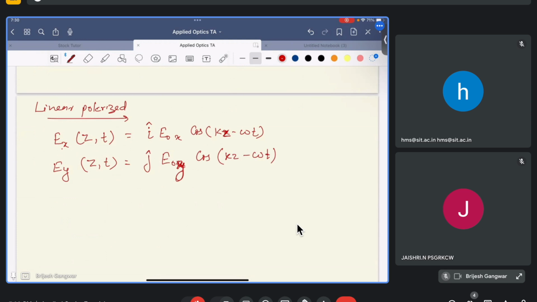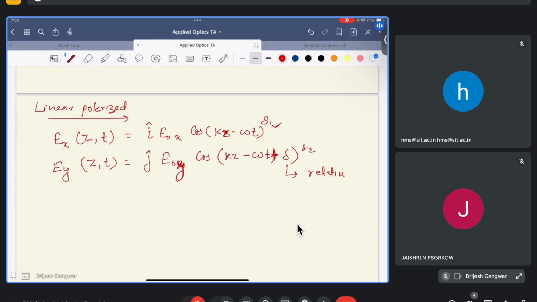Okay, and now in one direction we are considering another constant term which is called the relative phase. The relative phase is the phase with respect to this one. Either you can say here one constant delta 1 and here one constant delta 2, then you can find the relative phase delta 1 minus delta 2.